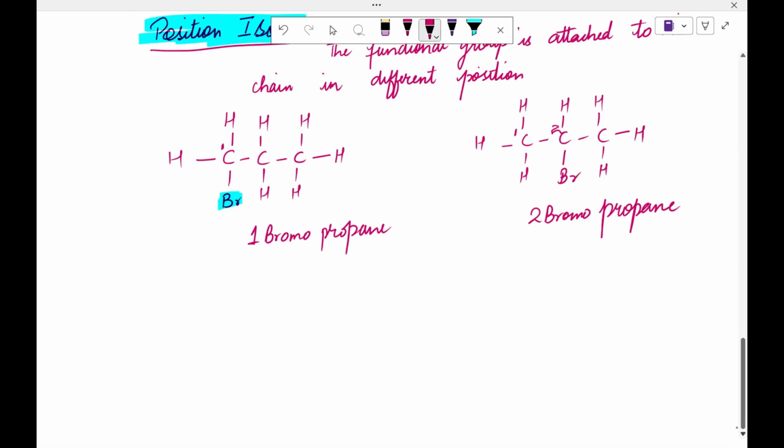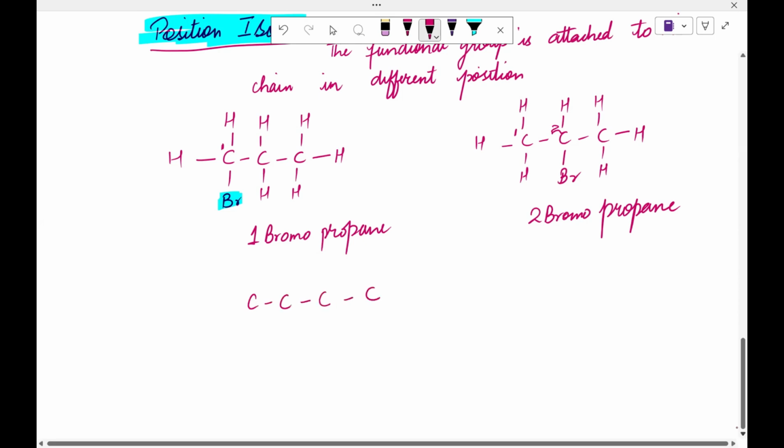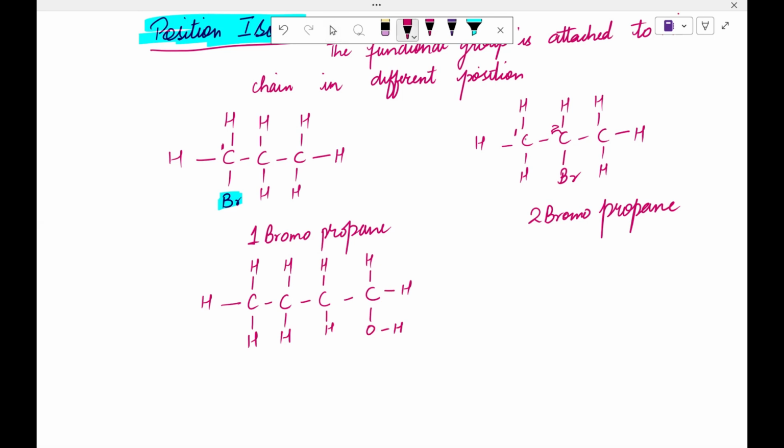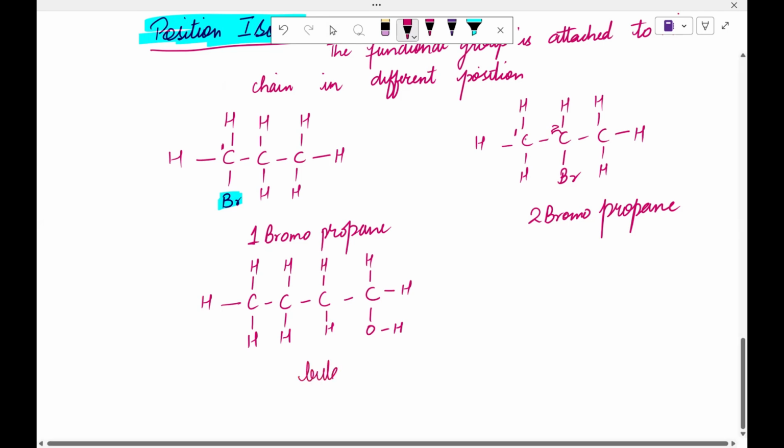So let's take another example, where now the functional group is OH. How are we going to name this one? This is butan-1-ol.